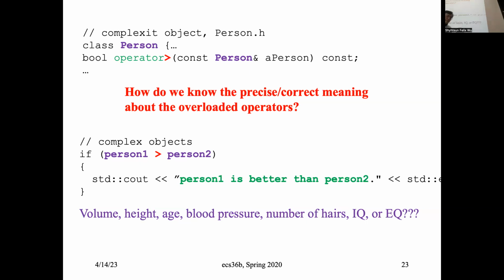For example, if this program is in the context of a health domain, when we compare person 1 to person 2, we know it's related to blood pressure. Then that's clear because the whole team knows that this is about somebody's blood pressure. And maybe you say person 1 is greater than person B, it makes sense.